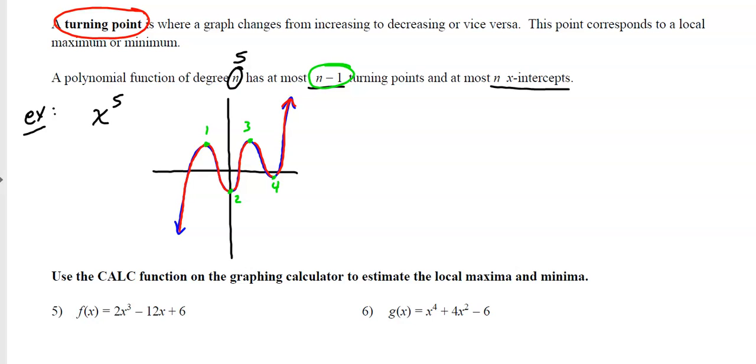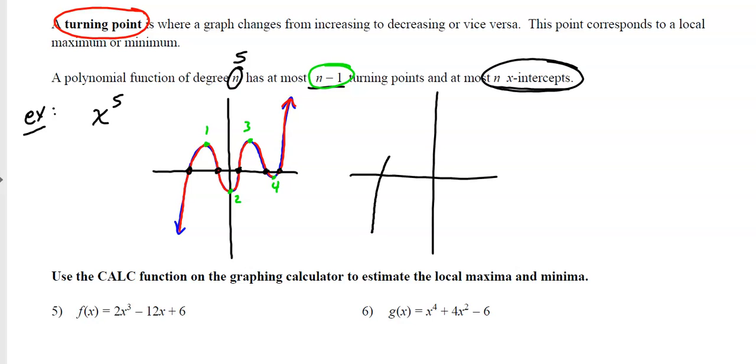Also, we're going to have at most n x-intercepts. On this graph, I actually have 1, 2, 3, 4, 5. I have all 5 of them. Now, I could have changed this a little bit, and maybe this thing comes up, and then it comes down, and it goes up, and maybe down and then up.